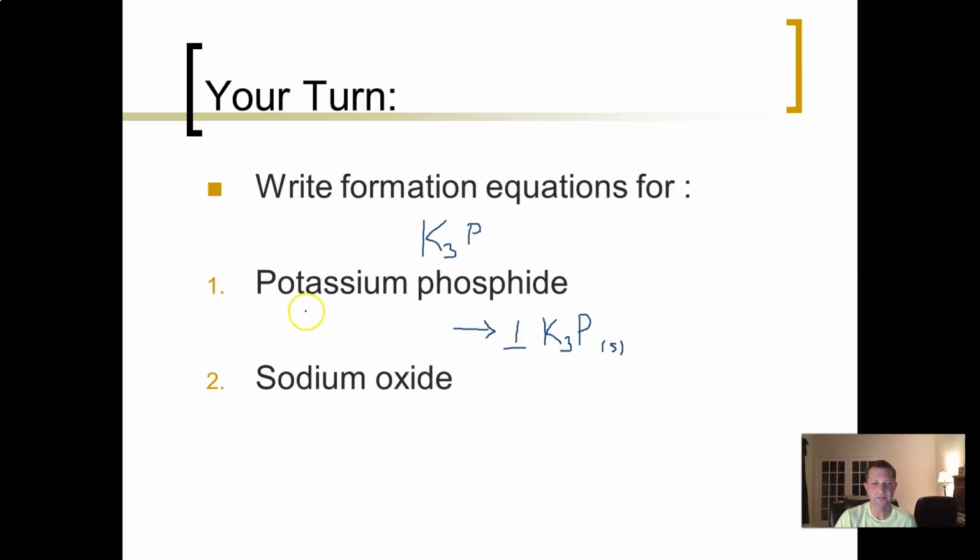Well, let's start with potassium. Potassium is a solid. You know that because you just do. Okay? So potassium's a solid. It's not diatomic. And phosphorus, if you look on the periodic table, I want to say that is also a solid.